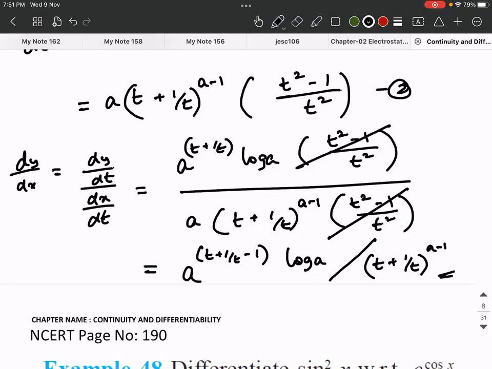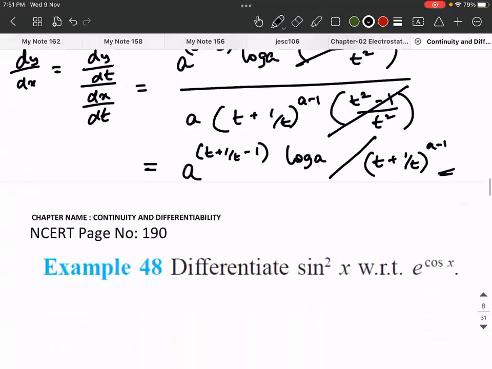Is this clear? Is it clear or not? Clear, sir. Very good. Shall I proceed?